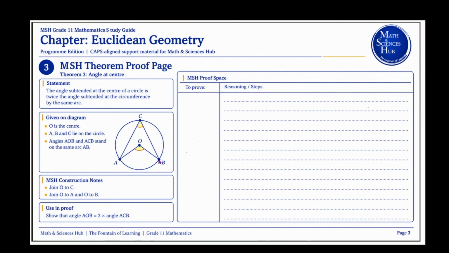So that arc AB is the one that subtends the two reference angles. This is the theorem that says angle at center equals twice the angle at the circumference of the circle.